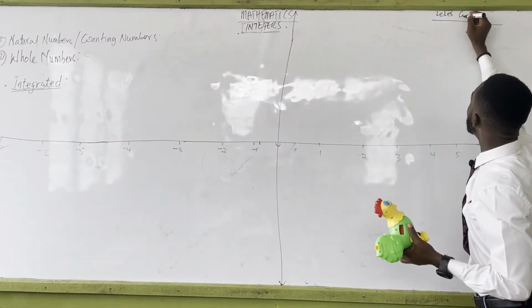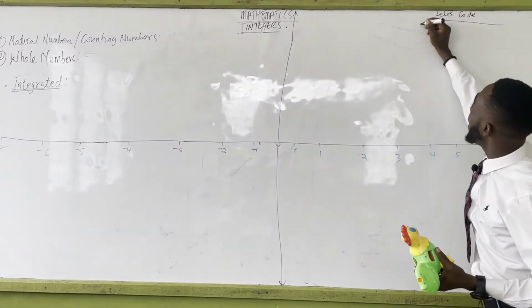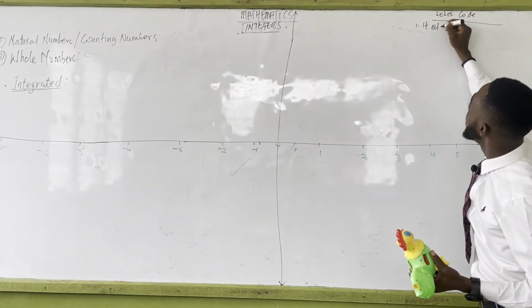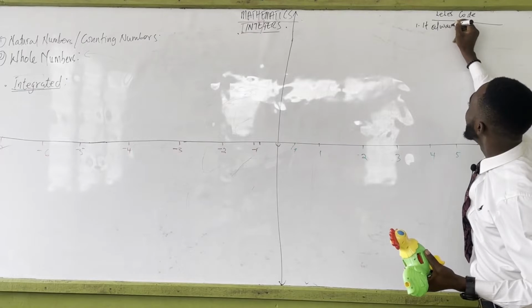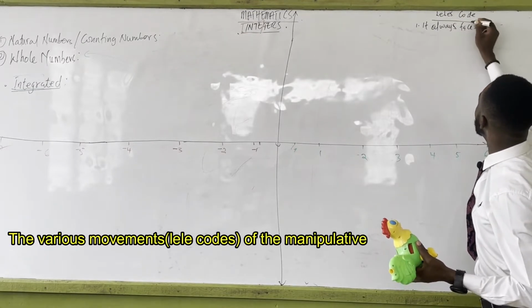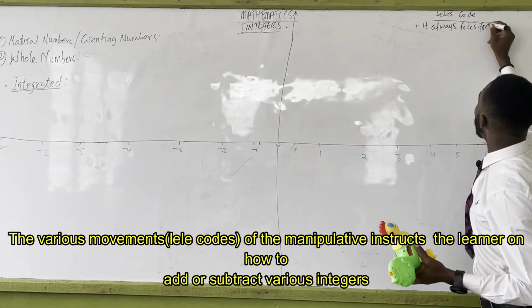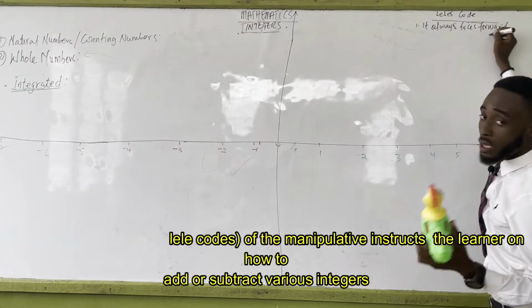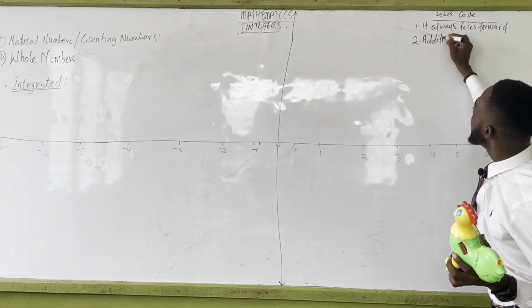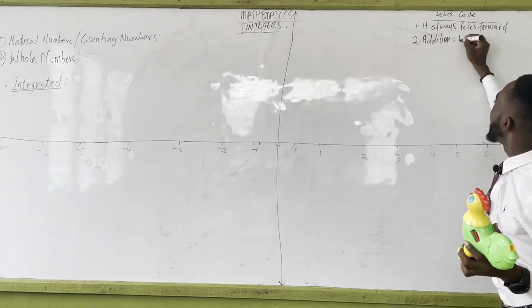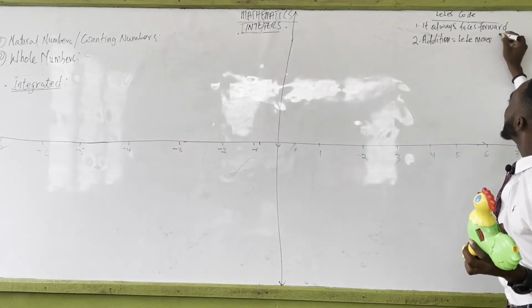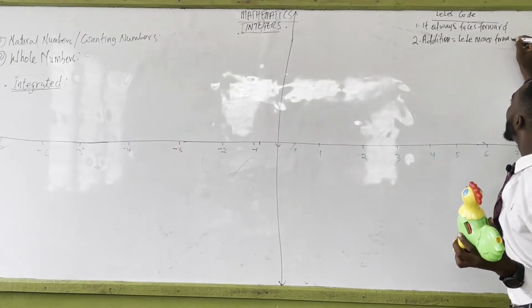Lele's code, code number 1. Lele always faces forward. Addition means Lele moves forward.